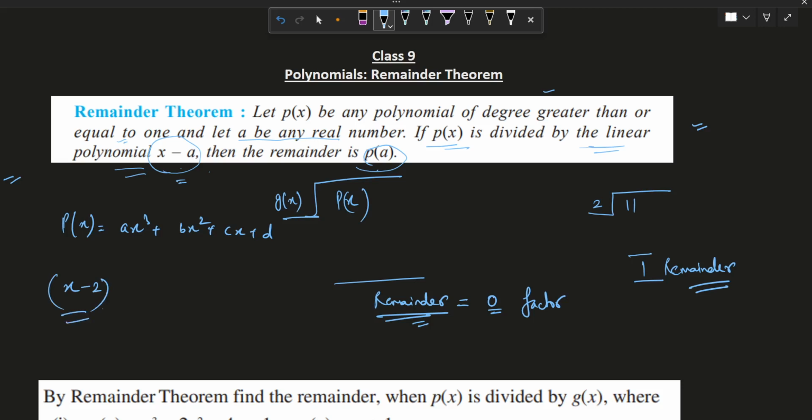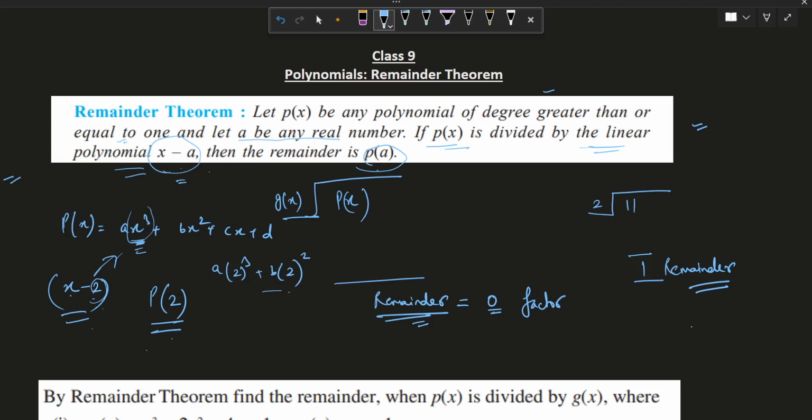If I divide by x minus 2, how will I get the remainder? Instead of x in this whole polynomial, I'll put x as 2. So you get a into 2 cube plus b into 2 square, like that, and you solve it and you will get the remainder. This is the way you solve it.